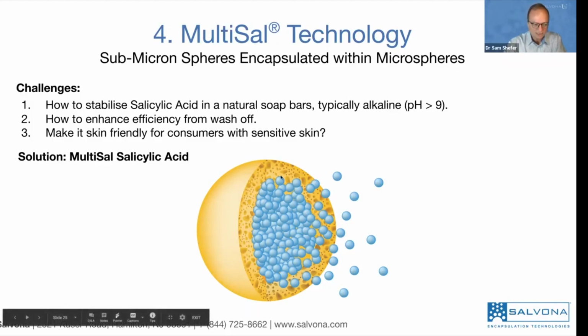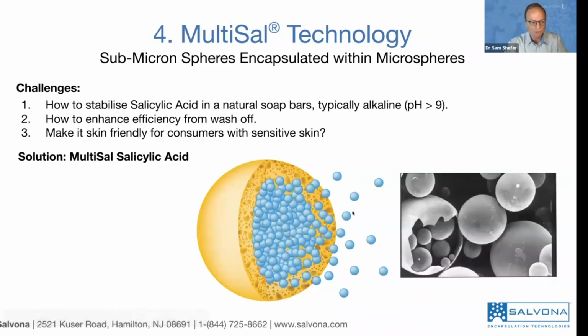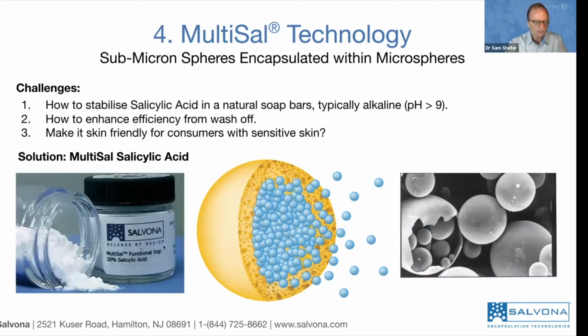And you see the salicylic acid is double encapsulated. First encapsulated in the SalSphere technology, then re-encapsulated in what we call together the Multisal technology. With a scanning electron microscope, you can see the shell and the inside beads. This product is a white powder, and now it can be used in a variety of products.